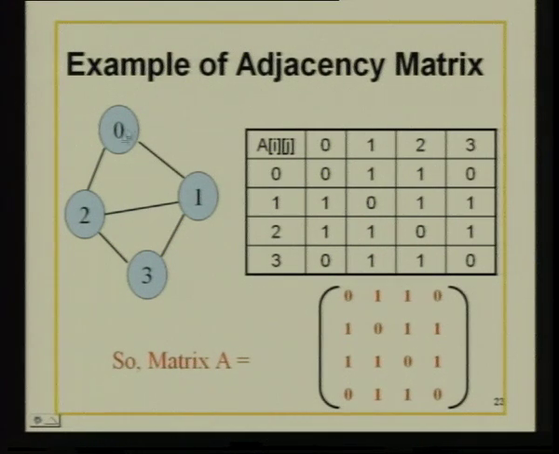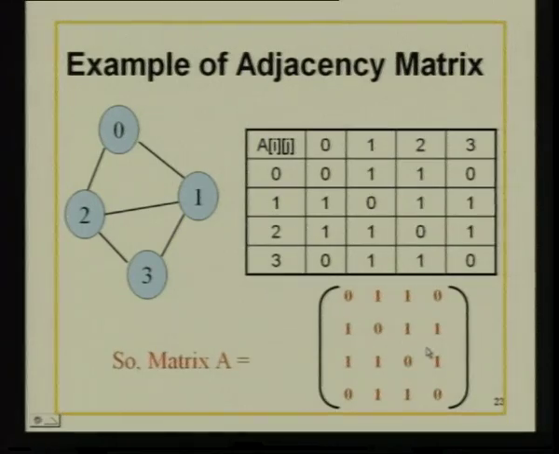So, 2 to 0 and 0 to 2 both will have 1, that is, ij and ji, and so on you can build the whole graph. If it is an undirected graph, most of the entries may be filled also. So, this is the matrix that you get after you represent this. This is an undirected graph.